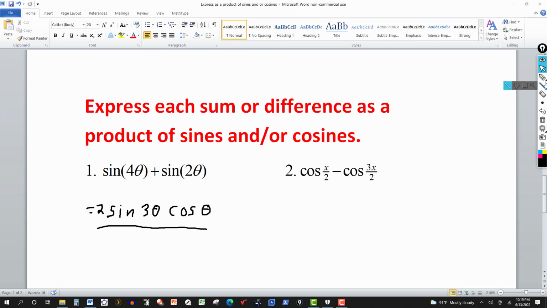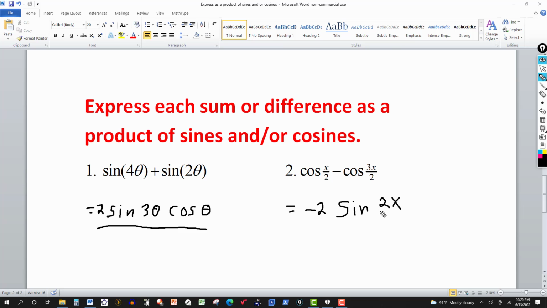Go over here then. This will equal to, so it's minus 2. That's the formula. Then it's the sine of this sum of the two angles. So it's x over 2 and 3x over 2. That's 4x over 2, which is 2x.